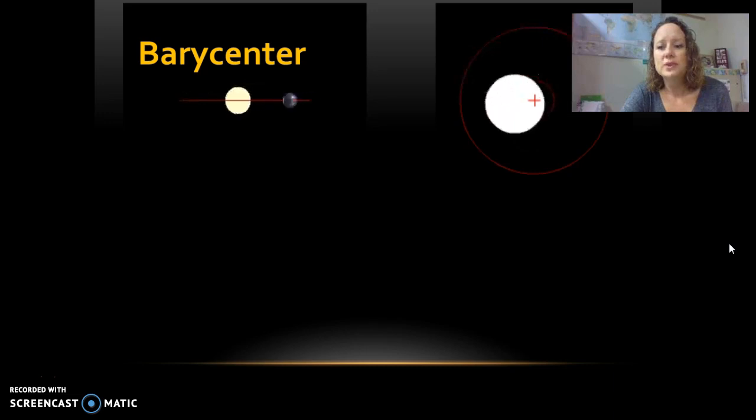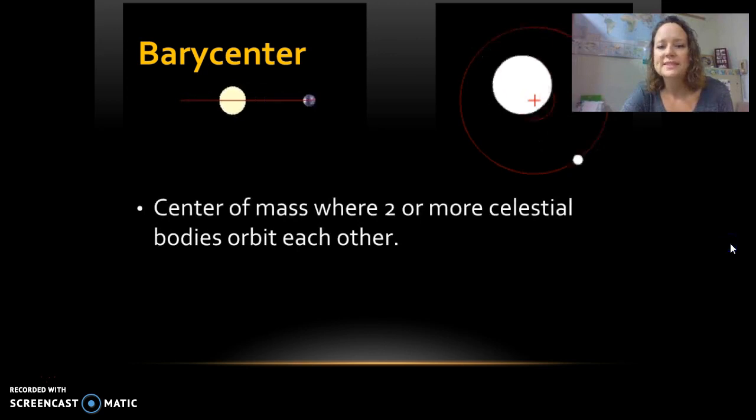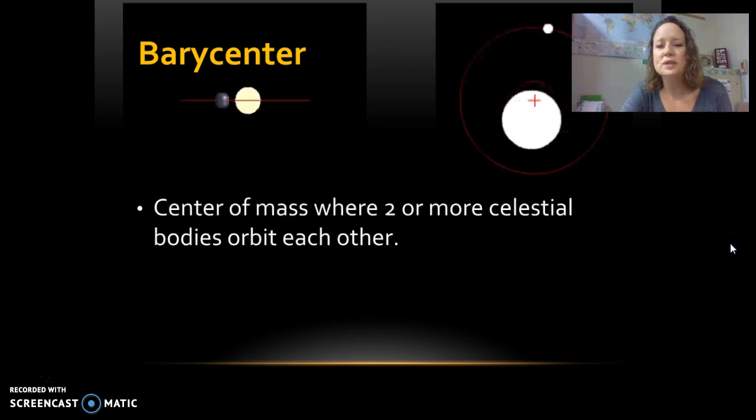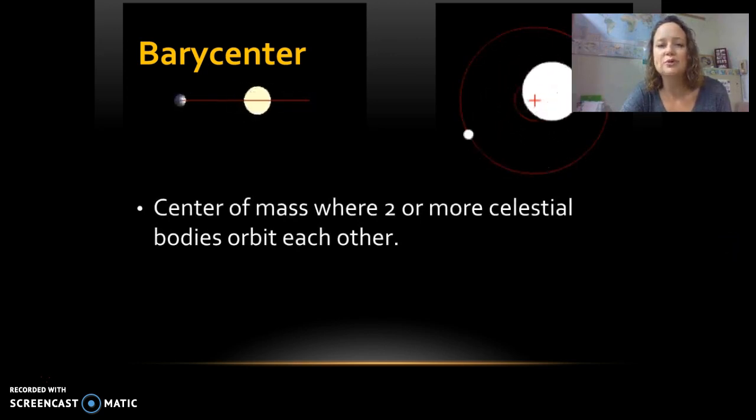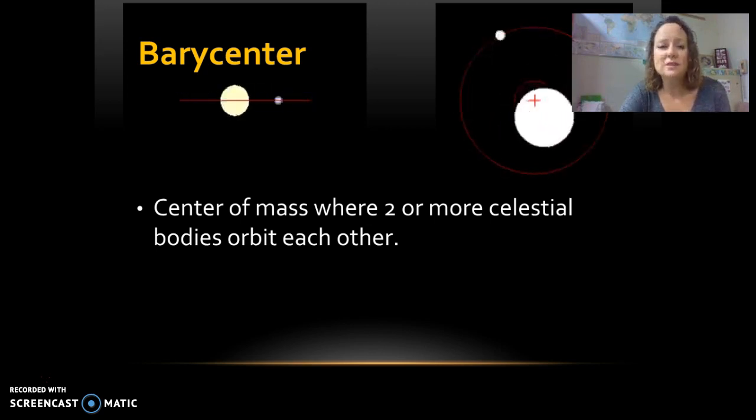When two things orbit in space, it's never one orbiting completely around another. There's actually a spot in between called the barycenter, and it's the center of mass between two celestial bodies. So, for example, while we are revolving around the sun, the moon is also revolving around the earth.